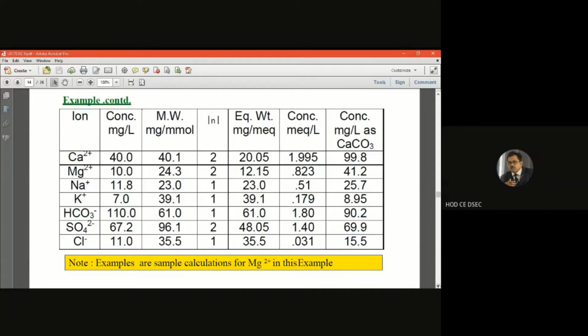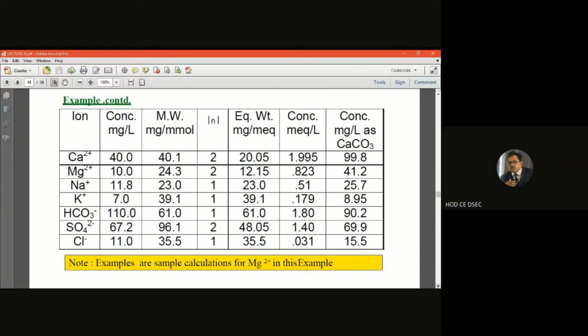So you have to know the equivalent weight. What is the calcium carbonate equivalent weight? Calcium carbonate molecular weight is 100 divided by valency 2, which is 50. So the calcium carbonate equivalent weight is 50. And the calcium equivalent weight is 40.1 divided by 2, that means 20.05.